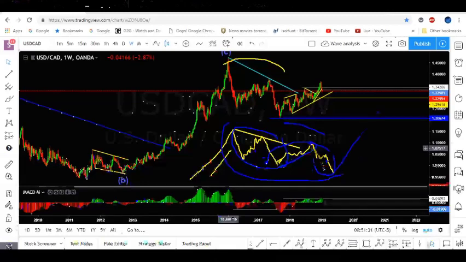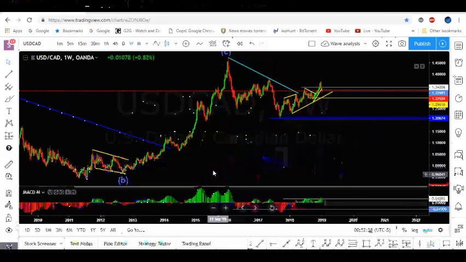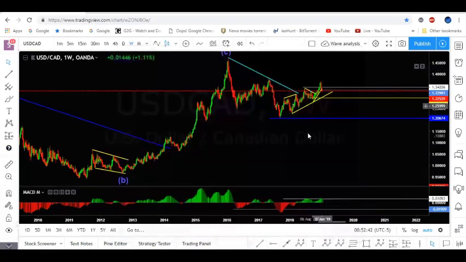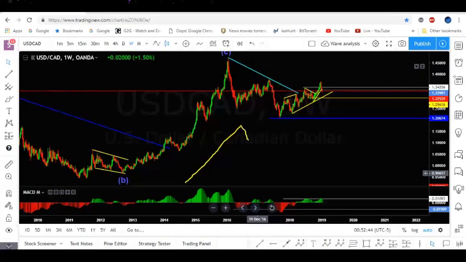So remember that your correction can also form like this. If I can give you another variation, you can also get a correction that looks something like this. 1, 2, 3, and then it goes up. 1, 2, 3, and then it comes back down. 1, 2, 3.